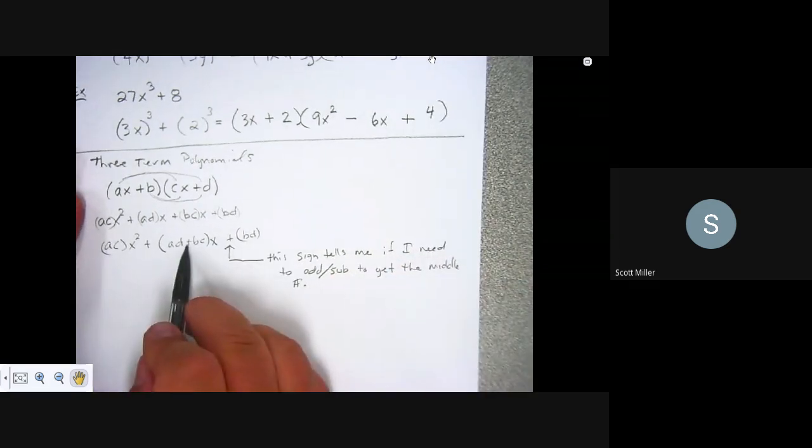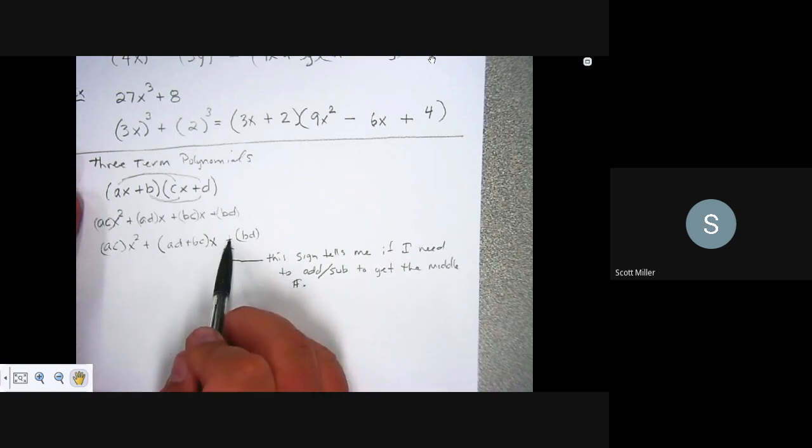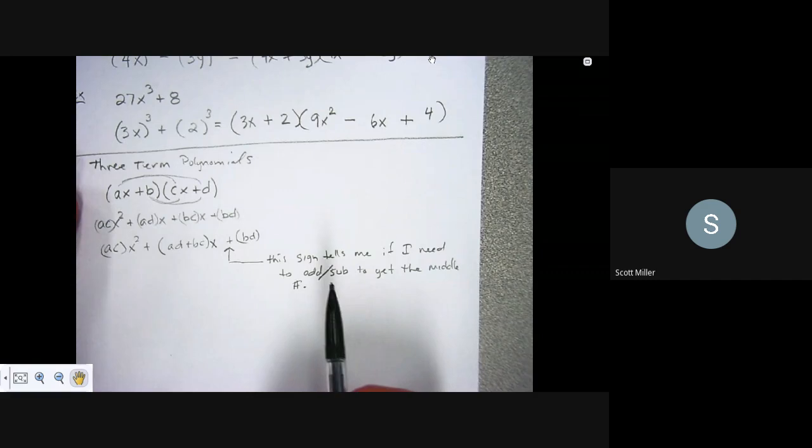See right here, it has a plus sign. Because you don't know what A, B, C, or D is. So if this is a minus in here, this tells me if it's going to be a minus. It tells me if it's going to be a plus. That's what it tells me.